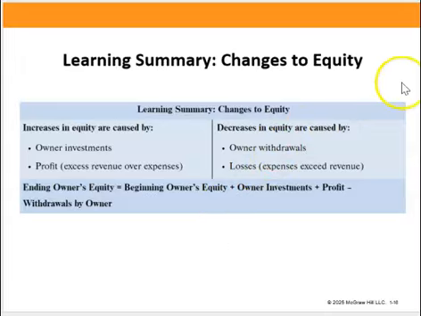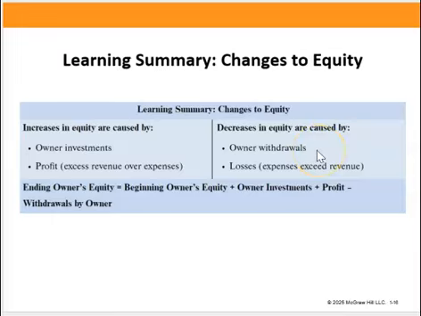Okay, so again, for our statement of changes in equity, we increase our equity, and the increase in equity is caused if the owner makes an investment. So whether the owner maybe invests $10,000 of their own money into the company, or there's a profit coming from our income statement. Decreases in our equity are caused by owners withdrawing money from the organization.